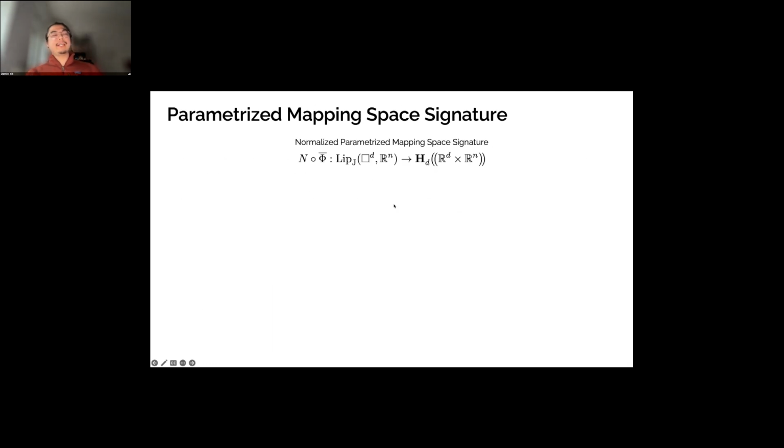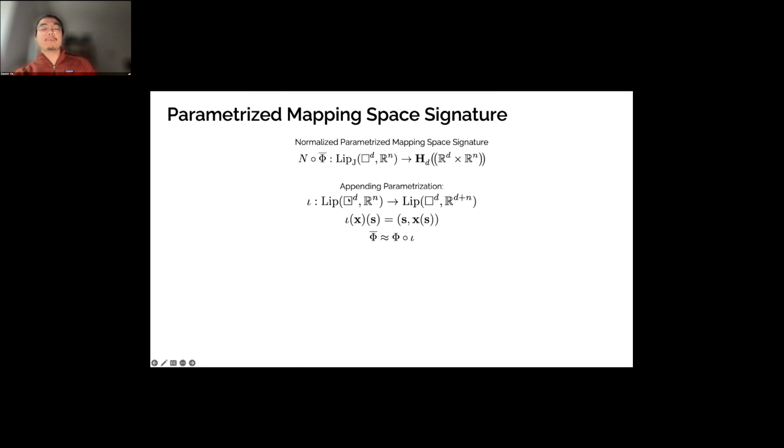But what we really want is some notion of universality and characteristicness that we started the talk off with. And in order to do this, we need to consider a variation of this mapping space signature. First, we need to perform a normalization of our signature, and we also need to do the step called appending the parametrization.